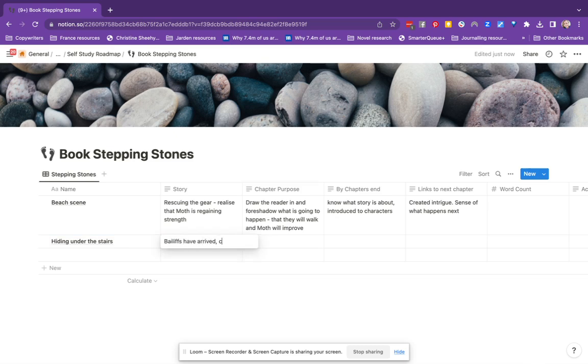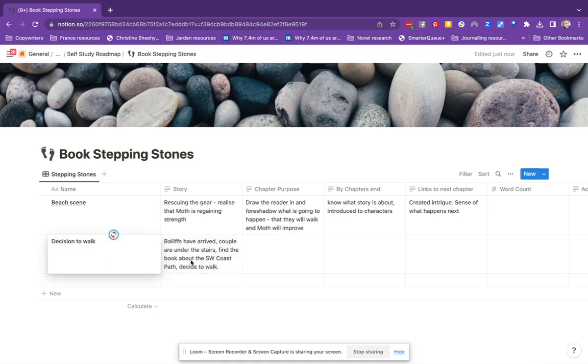A couple are under the stairs. Find the book about the southwest coast path, decide to walk. Okay, so actually that we wouldn't call it hiding under the stairs, we'd call it decision to walk.